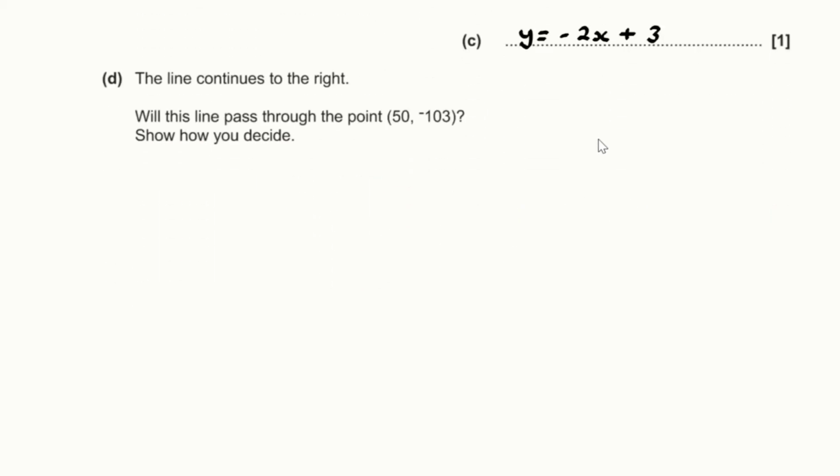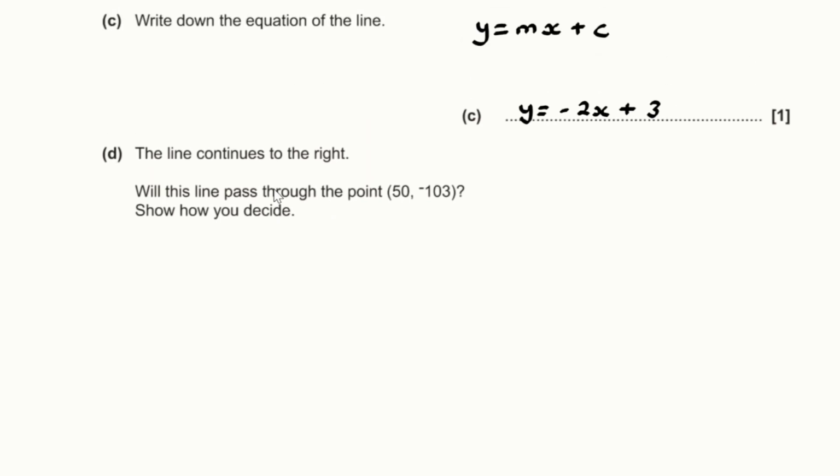And now for part D, the straight line continues to the right. Will this line pass through the point (50, -103)? Show how you decide. Well, when x is equal to 50, the corresponding y value is -2 lots of 50 plus 3.